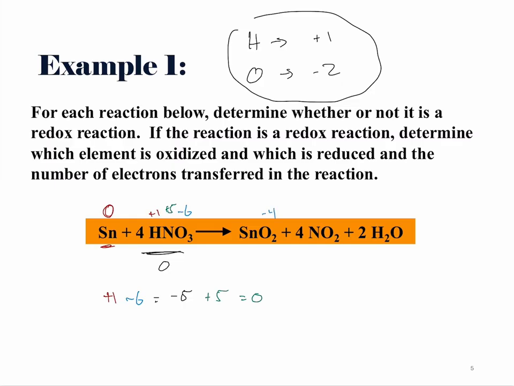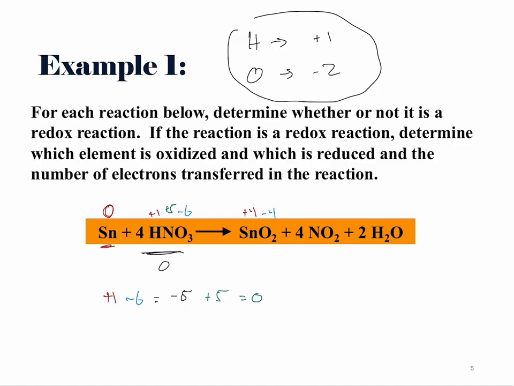And what about the tin? What's the tin going to be? What is the charge on that ionic compound? It'll be +4 because overall tin oxide, or tin 4 oxide, is going to be neutral. Because we have an ionic compound, the positive and negative charge cancel each other out. So that's going to be +4.